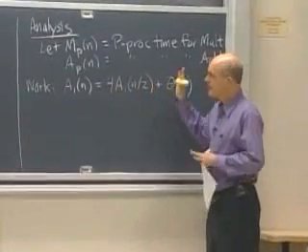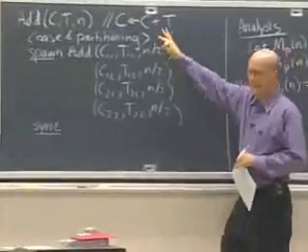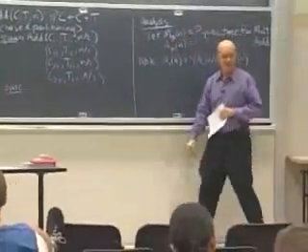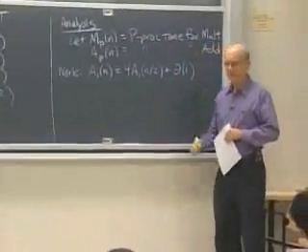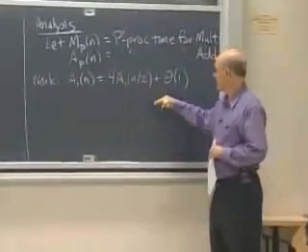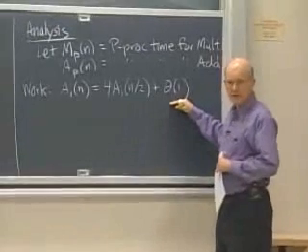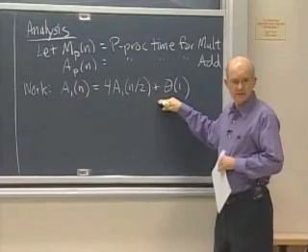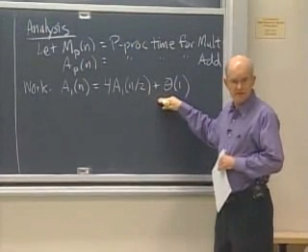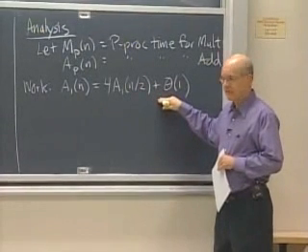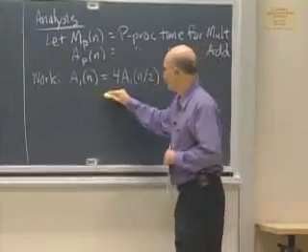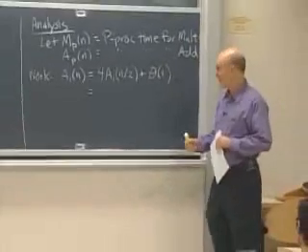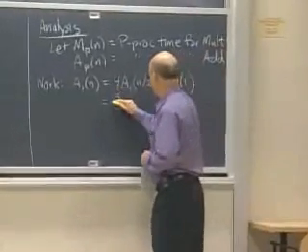To see this, you don't even have to know that we're doing this in parallel, because the work is basically what would happen if it executed on a serial machine. So we have 4 problems of size n over 2 plus order 1 is the total work. Any questions about how I got that recurrence? Is that pretty straightforward? Okay, if not, let me know. And so what's the solution to this recurrence? Yeah, order n squared. How do we know that?